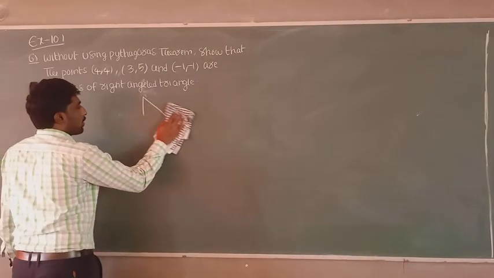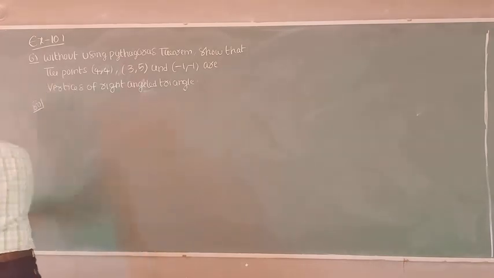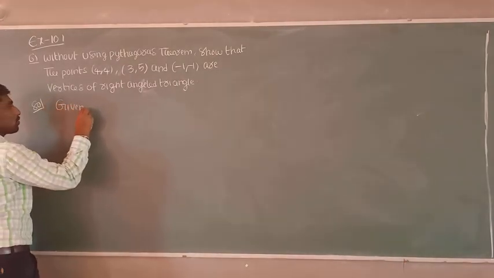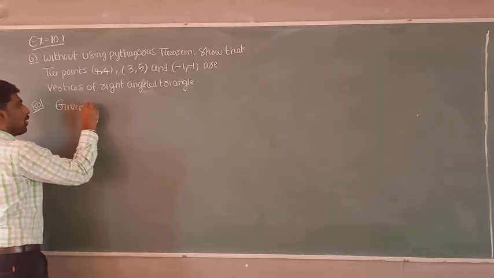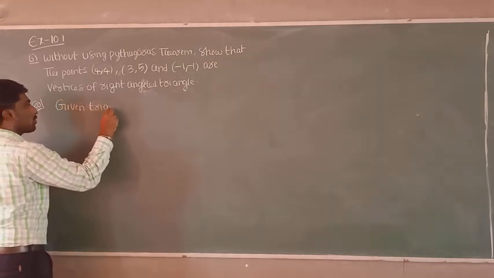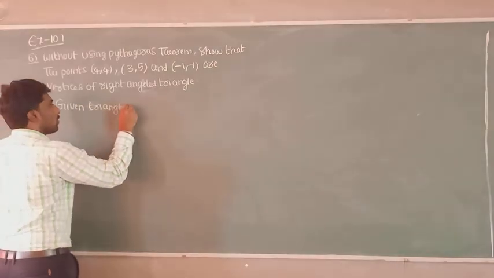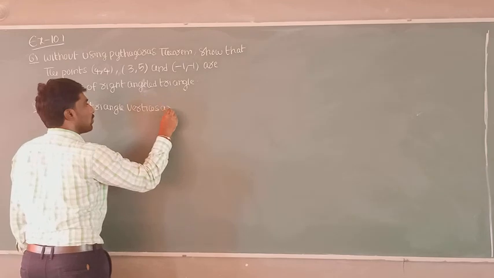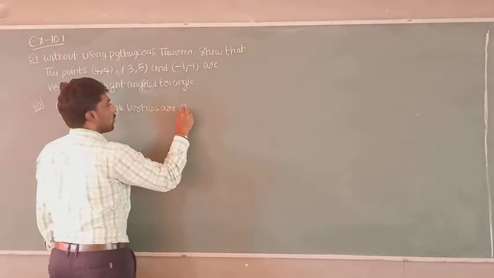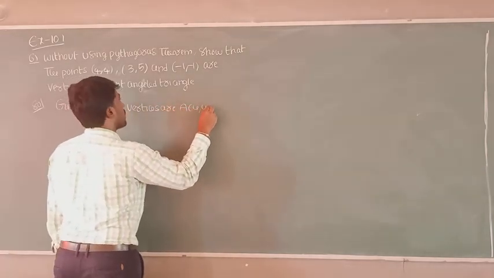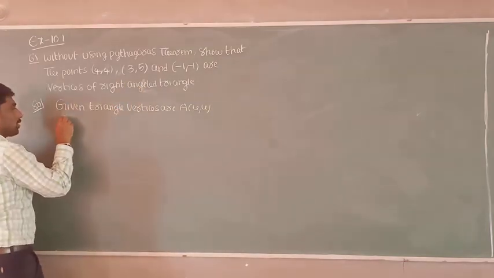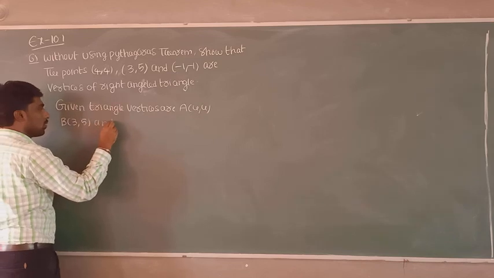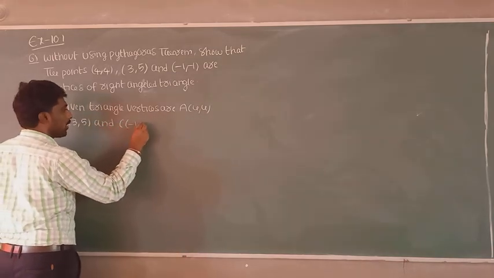Now you take it. Given triangle vertices are point A, 4 comma 4, point B, 3 comma 5, and point C, -1 comma -1.